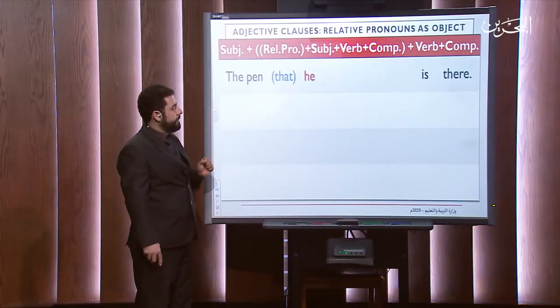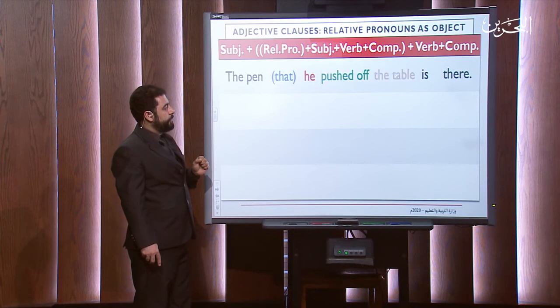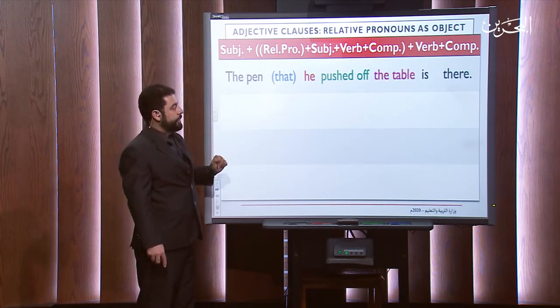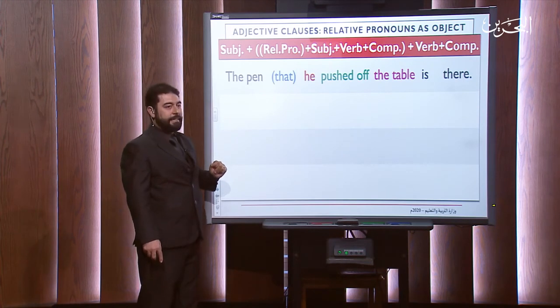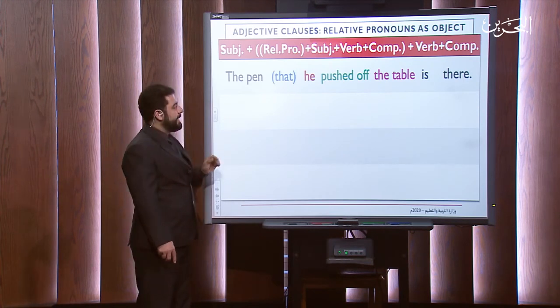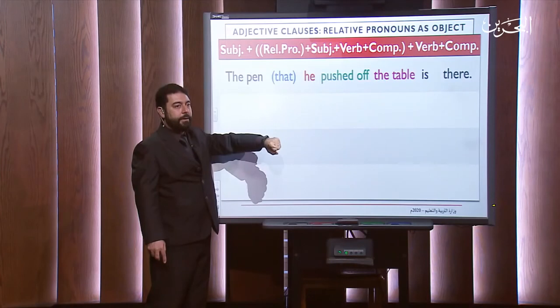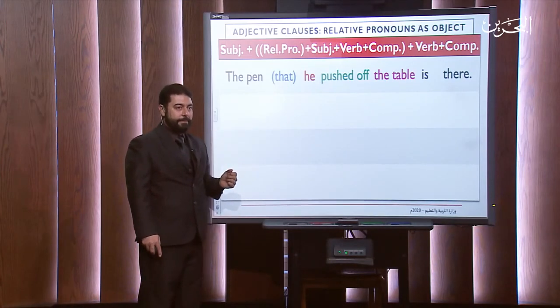So that he pushed off the table. The pen that he pushed off the table is there. And if we take out that, the pen he pushed off the table is there. You see? Both sentences are correct, with that or without that.